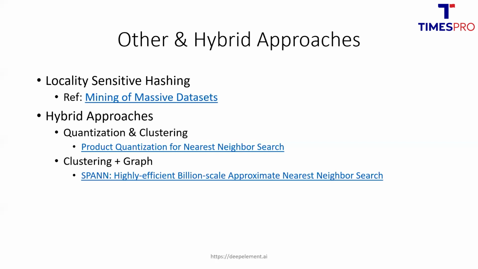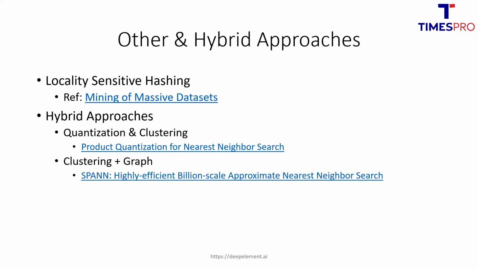The last thing I want to mention is another hybrid approach which uses both clustering and graphs. This is a paper, SPANN, highly efficient billion scale approximate nearest neighbor search, by Microsoft guys. This technique is a very, very powerful way of combining clustering and graphs.